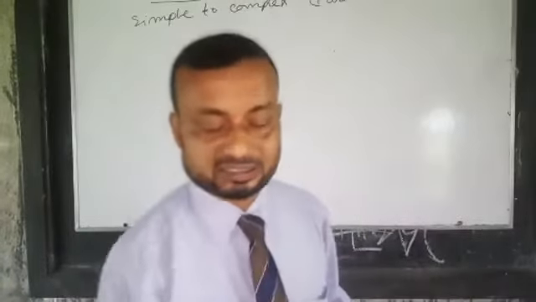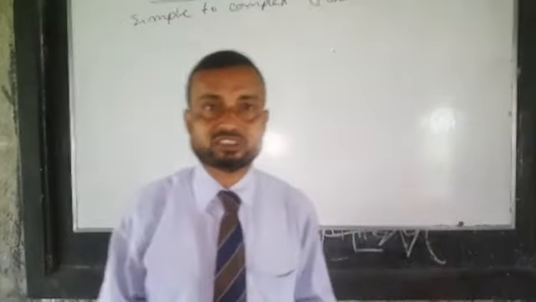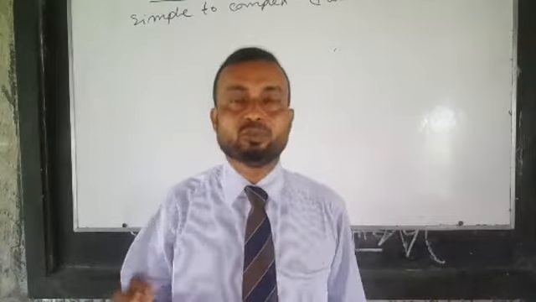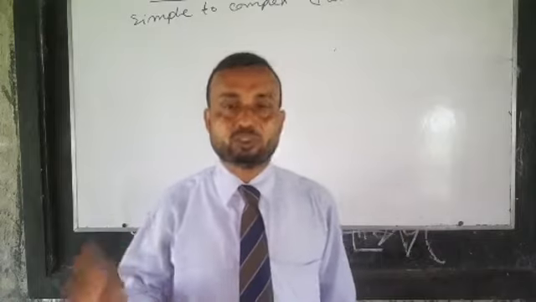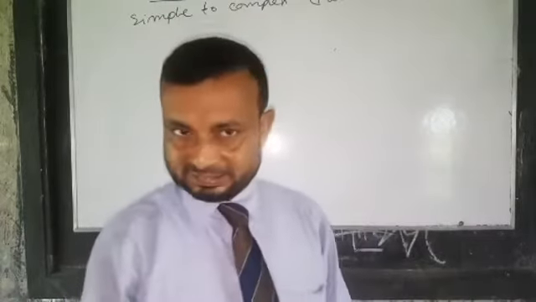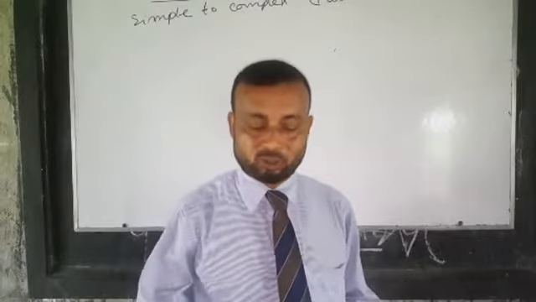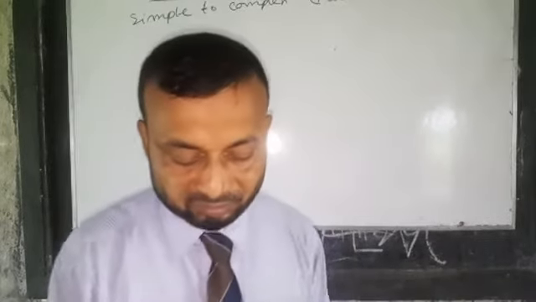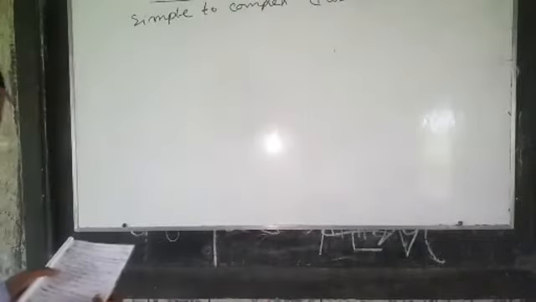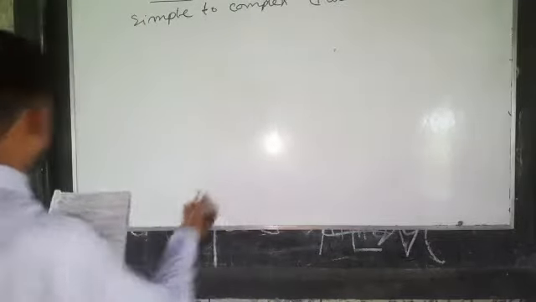Sometimes there are some subordinating conjunctions for identifying the simple sentence. We use to, adjective to. I will discuss this type of rules one by one. At first, my dear students, follow the whiteboard.